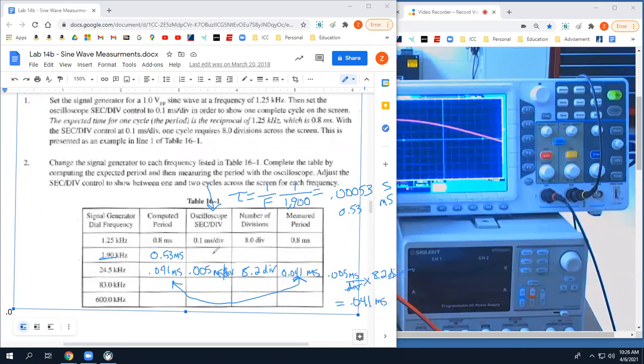One divided by 600,000. One point six seven. You got one divided by 600,000.